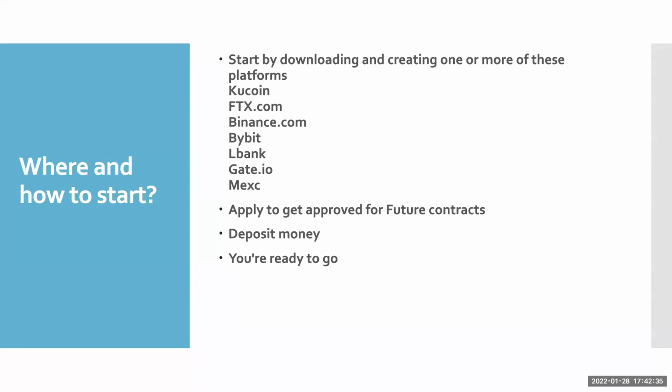KuCoin is what I use, but you could use FTX, Binance, Bybit, LBank, Gate.io, or MEXC. Whatever you can use, especially KuCoin. If in the US, you should be able to use KuCoin and MEXC, and Bybit you need a VPN. If you're outside of the US, you could use any one of these, right?